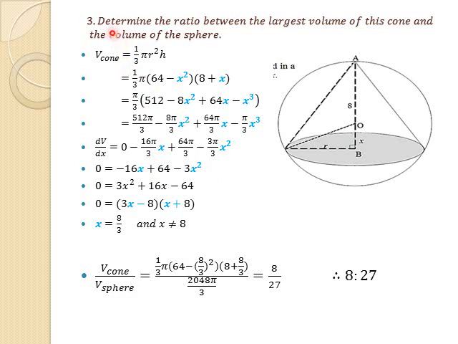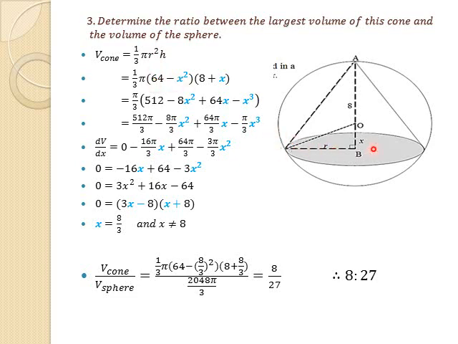So number 3, determine the ratio between the largest volume of this cone and the volume of the sphere. So first we have to find the volume of the cone, which is 1 over 3 pi r squared h. Right, my r squared we found previously was 64 minus x squared.